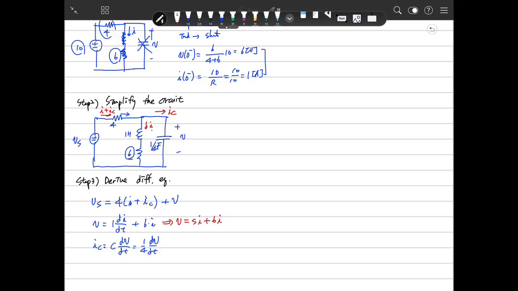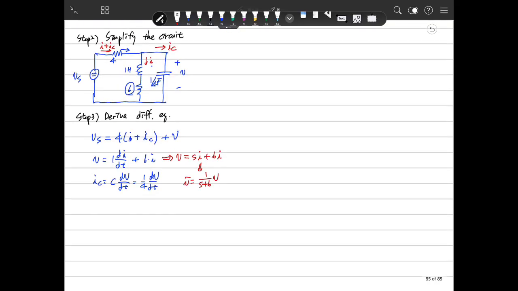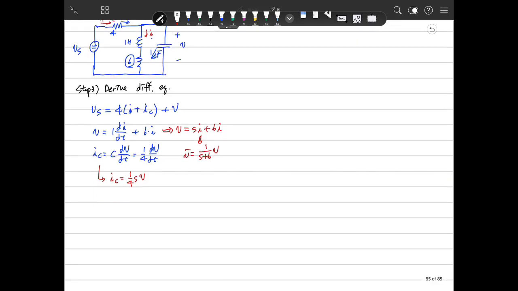So from here I is 1/(s plus 6) times V. Then also here IC is 1/4 sV. So we insert that value here.